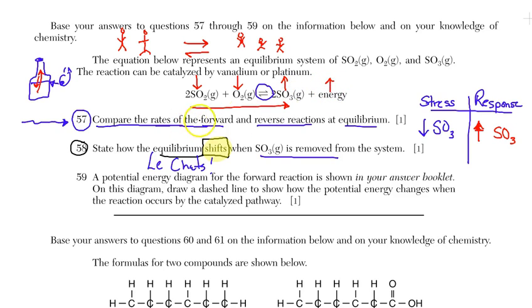So the reaction is going to shift to regain its balance by making SO3. So this arrows up and down is the result of the response. My initial stress is what caused the reaction to go out of equilibrium, and the response, the shifting, is what the reaction does to regain its balance. So it's going to shift to the right.